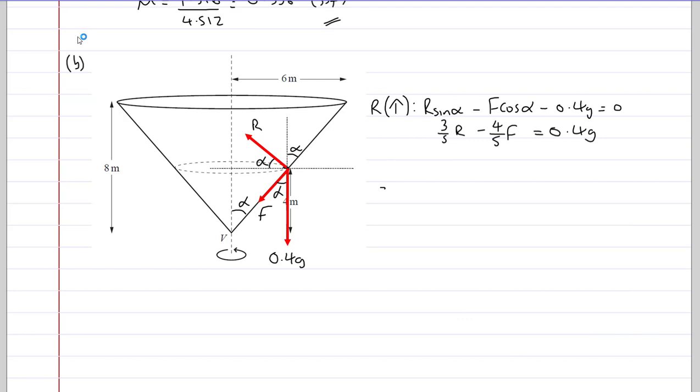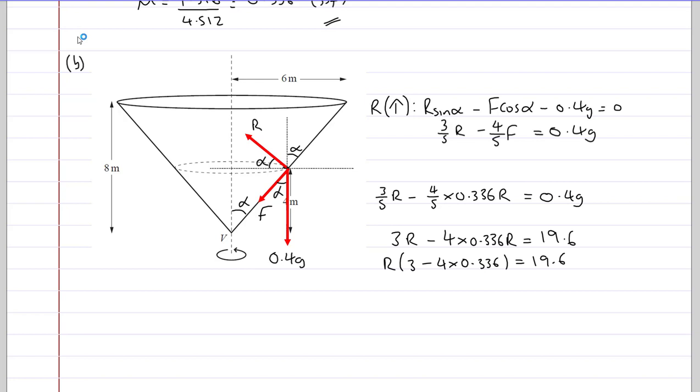So we end up with 3/5 of R minus 4/5 multiplied by mu R. So 0.336, which we'll use the exact value for, and then R, and that equals 0.4g. Let's tidy up by multiplying by 5. And then here we can just factorise the R out, so we get 3 minus 4 times 0.336.